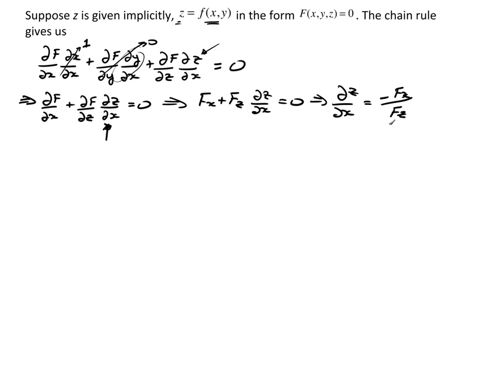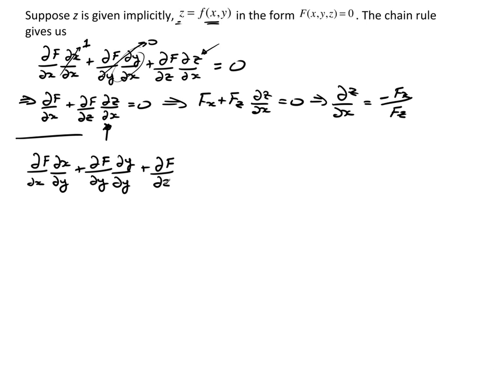Now, similarly, if we work this out, finally looking for the partial of z with respect to y, I will end up with the partial of f with respect to x, partial of x with respect to y, plus the partial of f with respect to y, the partial of y with respect to y, plus the partial of f with respect to z, partial of z with respect to y equals 0.